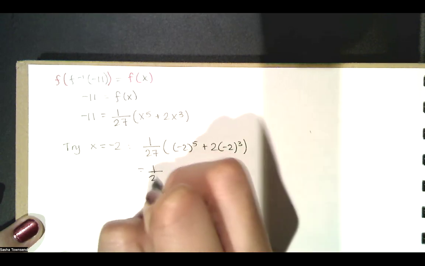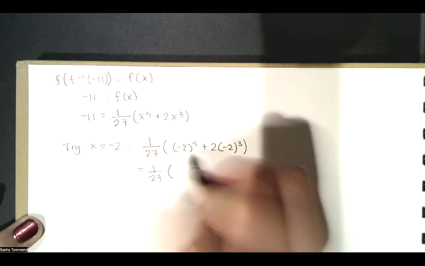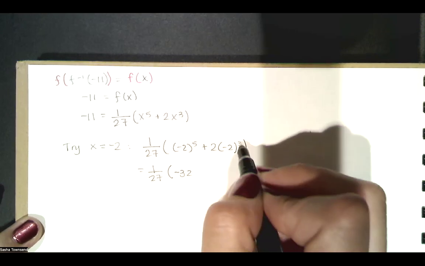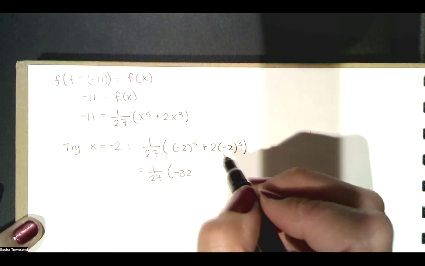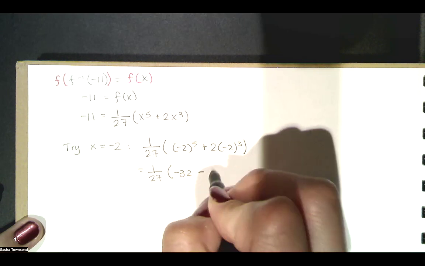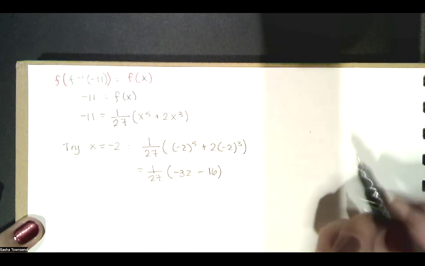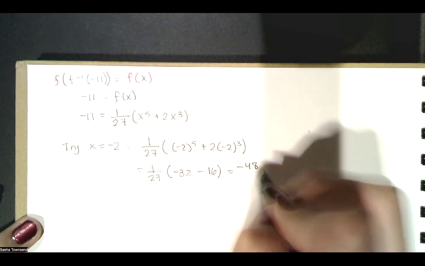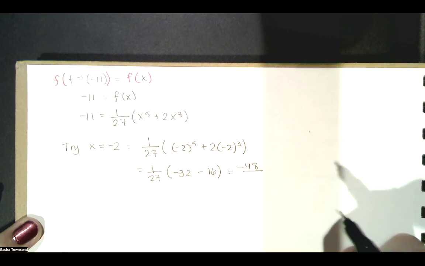Let's see if that works. -2 to the 5th is -32. And then -2 cubed is -8. -8 times 2 is -16. So I've got -48 divided by 27.